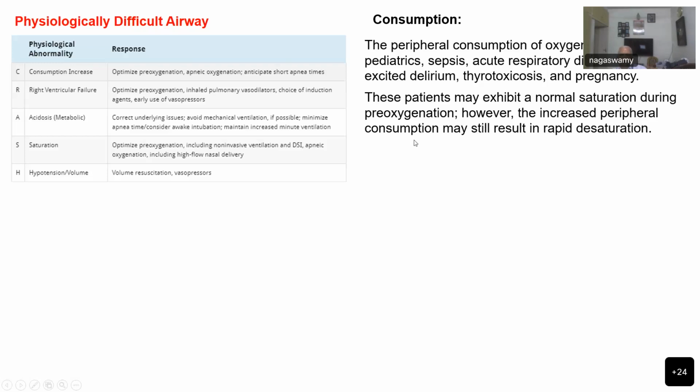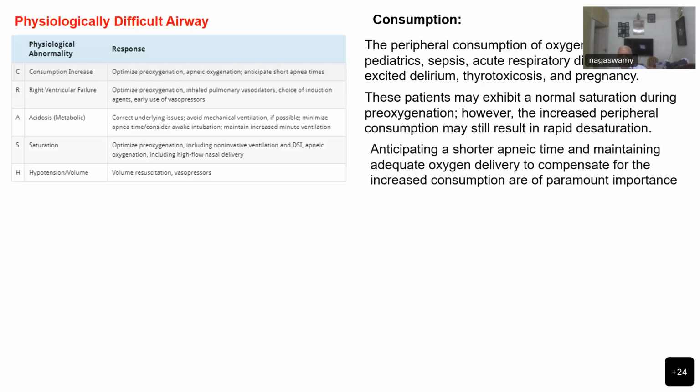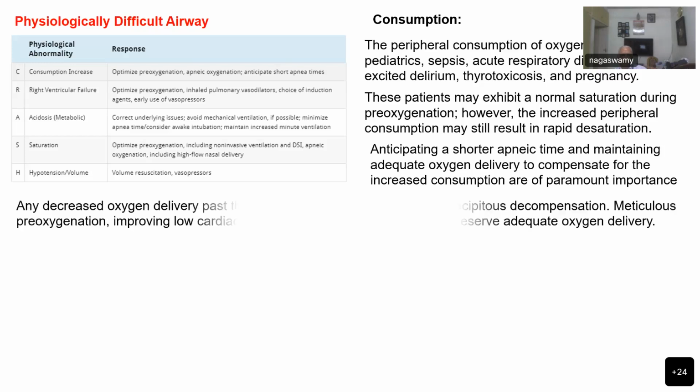However, the increased peripheral consumption may still result in rapid desaturation. That too, if you land up with an emergency difficult airway and you make multiple attempts, they are likely to desaturate faster. And anticipating a shorter apneic time, maintaining adequate oxygen delivery to compensate for the increased consumption is of paramount importance in this patient. So this is the first type of physiologically difficult airway.